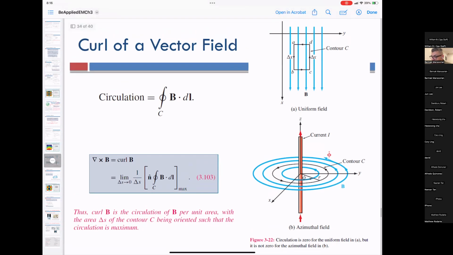The idea is that you're taking the integral around a closed line. Notice here the delta L; we defined L earlier in these slides as a unit vector in the direction of a line.